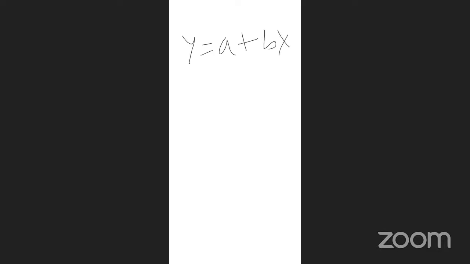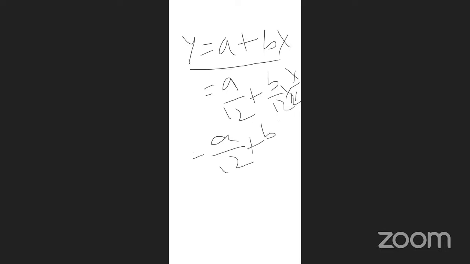And if this is annual trend, then you have to convert into monthly. Annual into monthly means in a year we have 12 months. So what we will do: a by 12 plus b by 12 into x by 12. That means we will take a by 12 plus bx by 144, when we are converting annual trend into monthly trend.